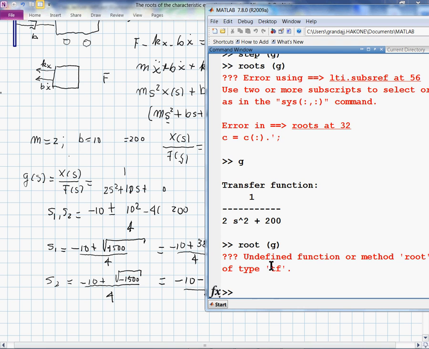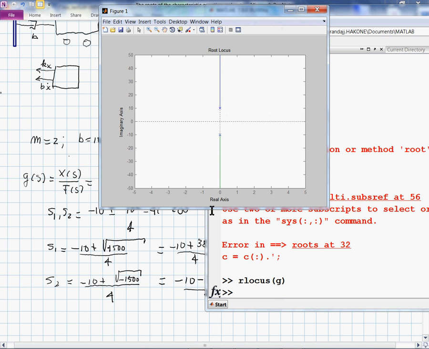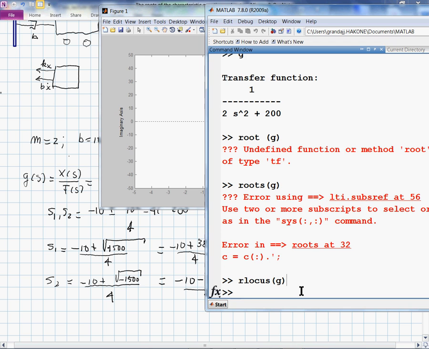But I believe we can find the roots of this. Let's give it a try again. I think this is just the syntax. Maybe not. R locus of G. Then there they are. See, the roots are on the imaginary axis.